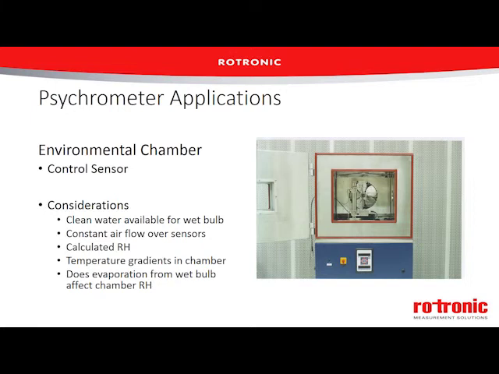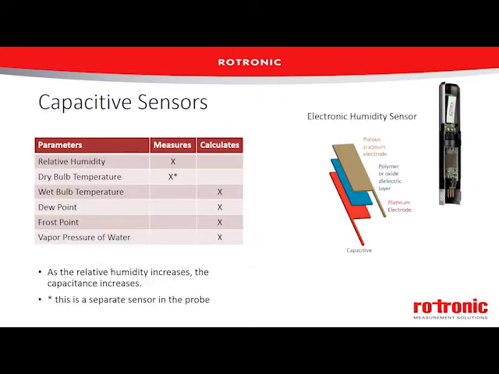Okay, capacitive sensors are probably the most common sensor out there used to measure relative humidity and probably humidity in general. The way these work is, obviously, it's a capacitor, and the dielectric of the capacitor is a polymer. As the relative humidity changes in the environment you're measuring, the property of the dielectric or the polymer changes, and that will change the capacitance.